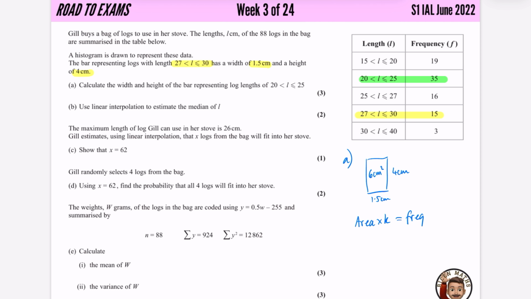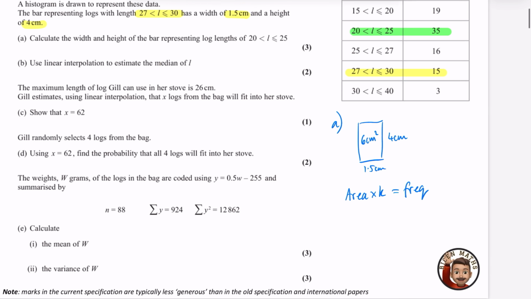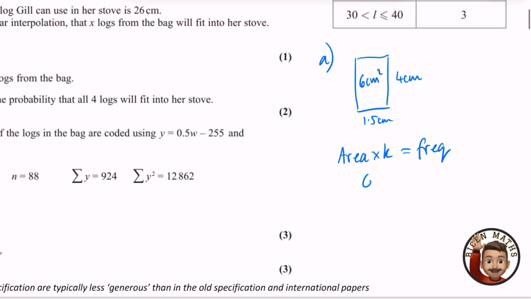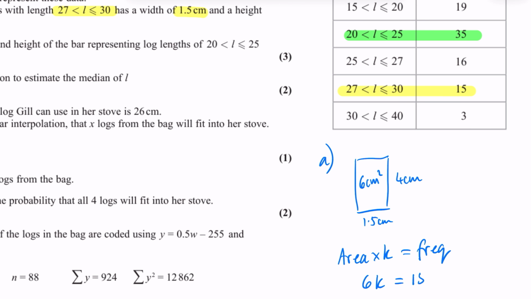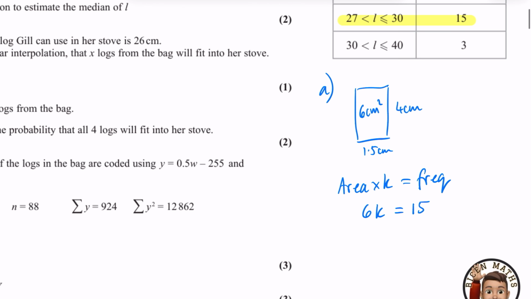By the way, that K could be on the right hand side. It doesn't really matter where you put it. So we know that the area is 6, and when it gets multiplied by the scale factor, it gives us the frequency of 15. Looking in the table, that yellow highlighted frequency is 15. Meaning that the scale factor that you multiply the area by to get the frequency is 15 divided by 6, which is 2.5. So that's going to be useful in just a second.